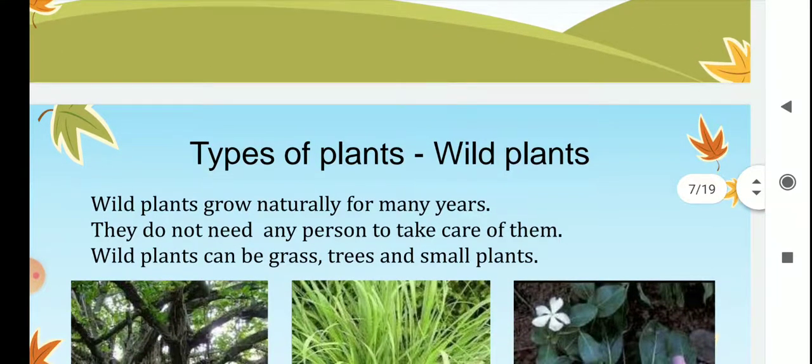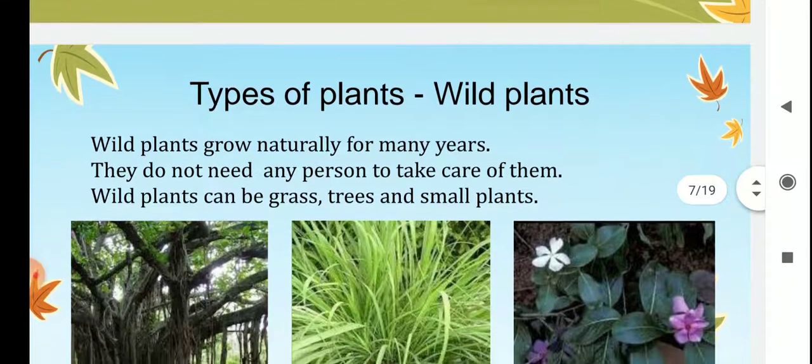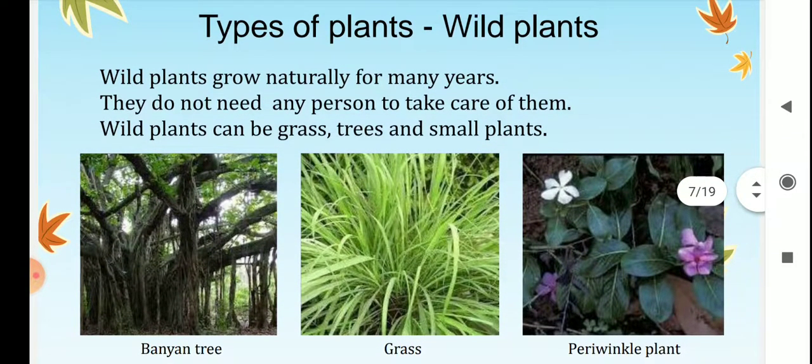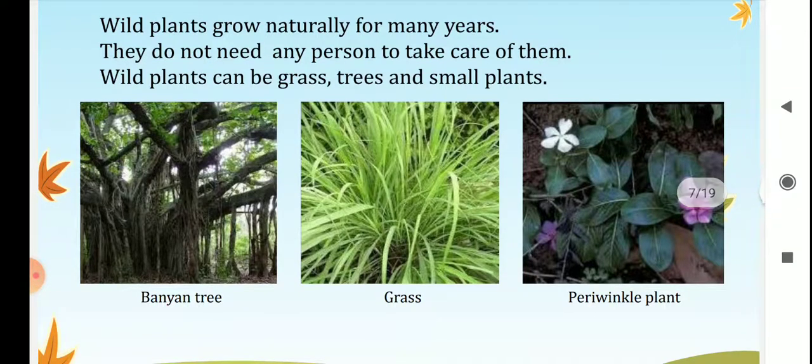Now another type of plant is the wild plant. Wild plants grow naturally without any help of man or human beings, and they live in nature for many years. Wild plants can be grass, trees, and mold plants also.